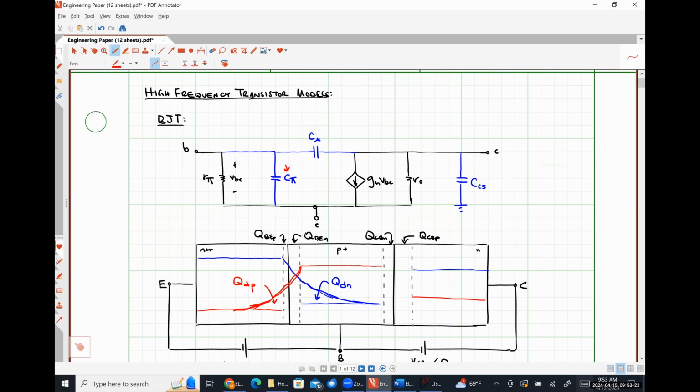Yeah, that one. C mu is all about the depletion capacitance between the collector and base terminals, which is why the capacitance shows up between the collector and base terminals. And now we've got this guy CCS. So to understand what CCS is, it's effectively a parasitic, yes.